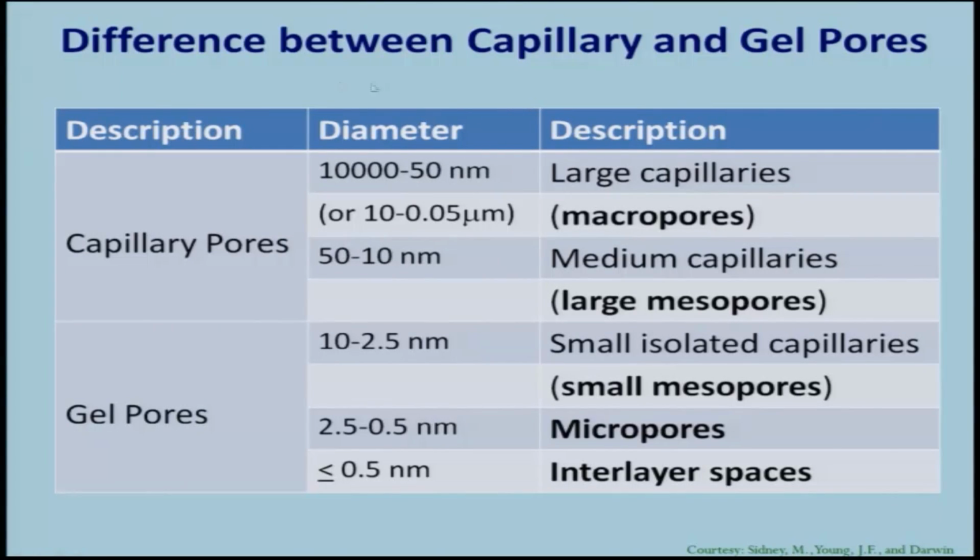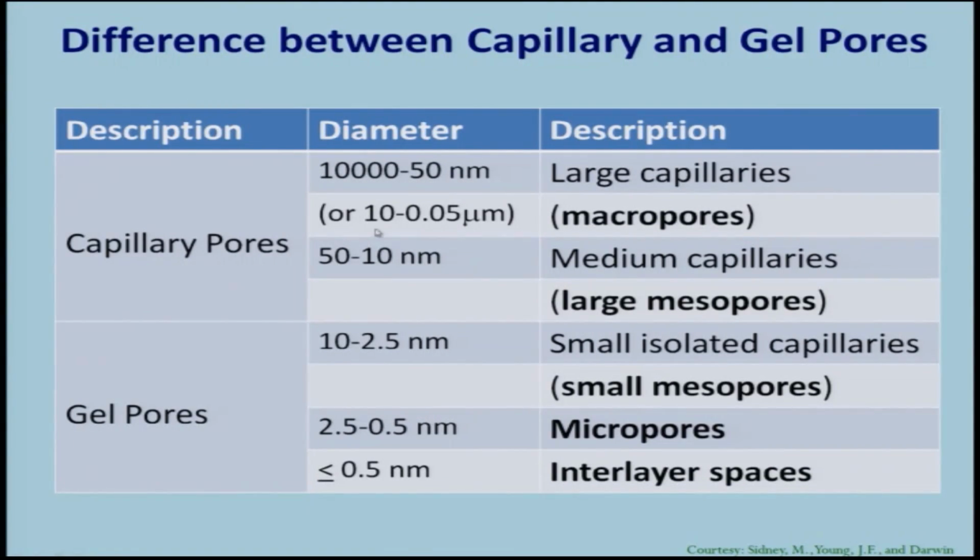Now, what is the difference between gel pores and capillary pores? Capillary pores and gel pores are primarily distinguished by their size ranges. Typically, capillary pores are larger, and the size varies from 10,000 to 50 nanometers.